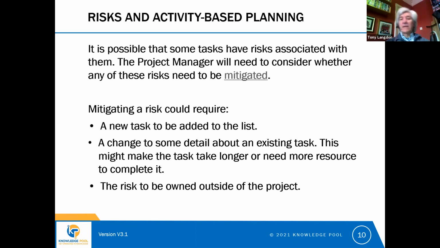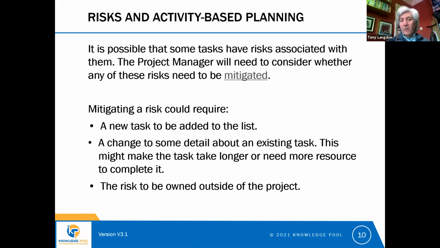And that is an example of where the risk might be said to be owned outside of the project. That risk can still hurt the project if the HR team don't deal with that task properly, because it means we may not have all the staff, all the workers that we need to build the bridge. But it does mean that we don't have to have a task on our project plan that says hire more staff if we need them.